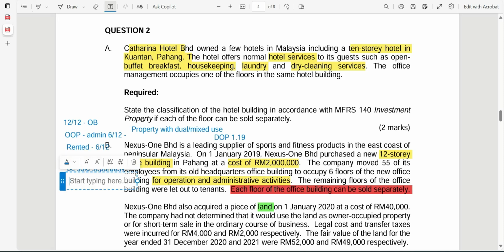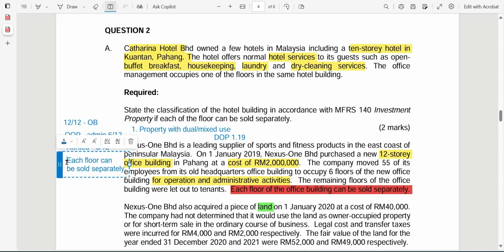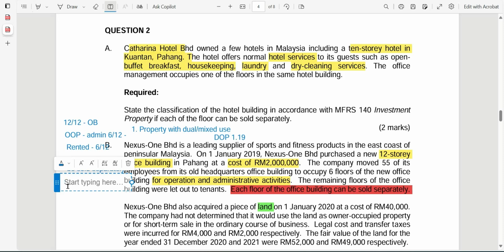Because of these two situations, where number one you have property with mixed use, which is for admin and for rental, and number two, each floor can be sold separately, therefore you can make the conclusion that the floors can be accounted for separately.